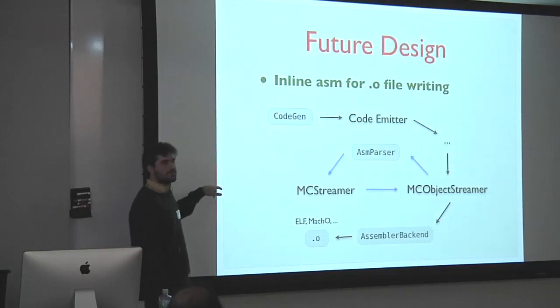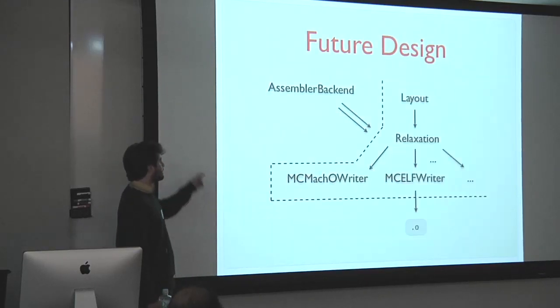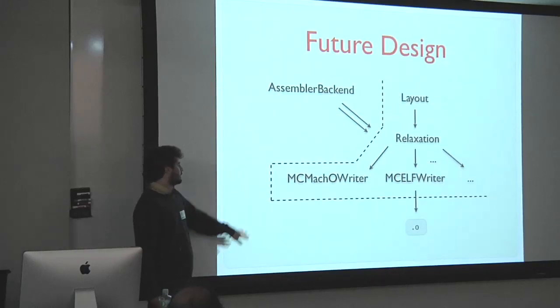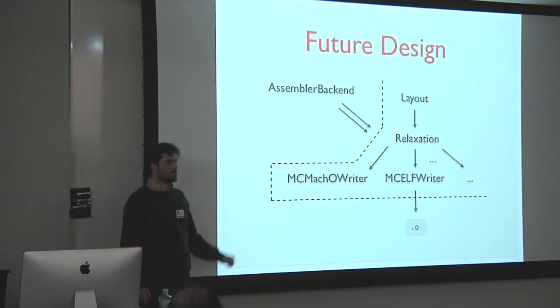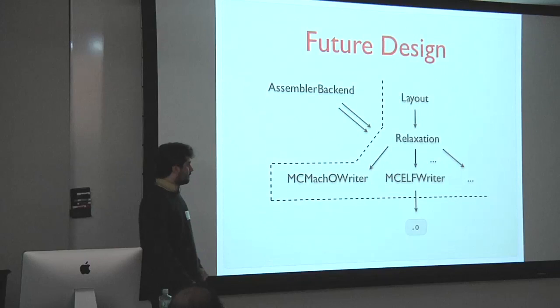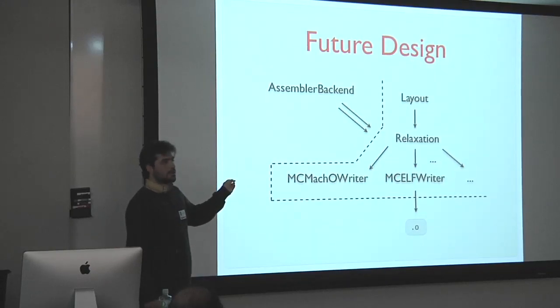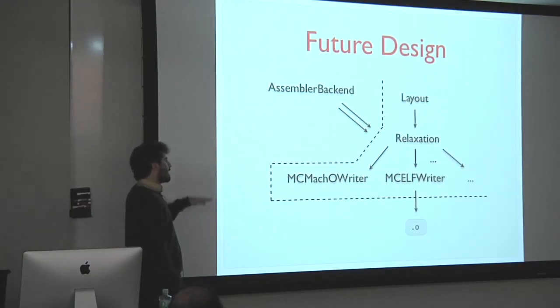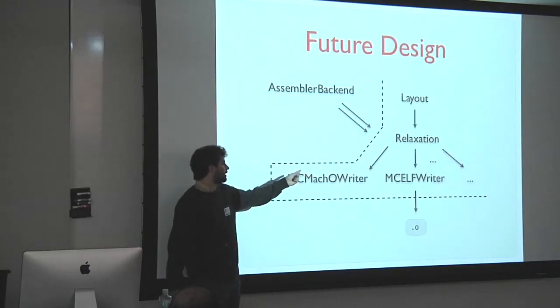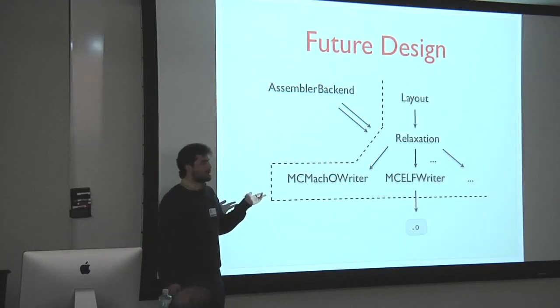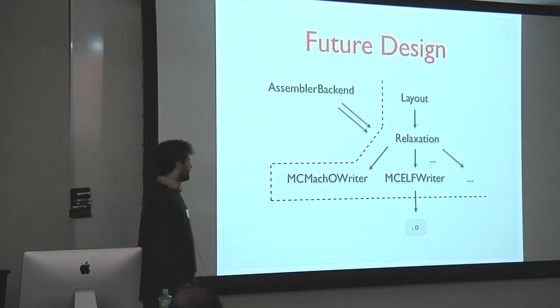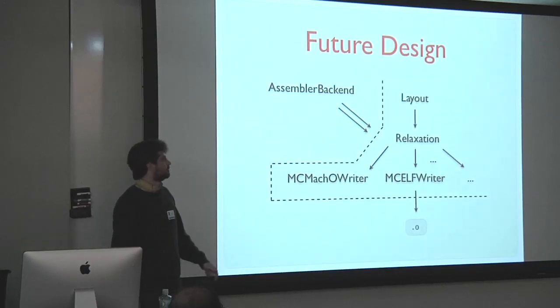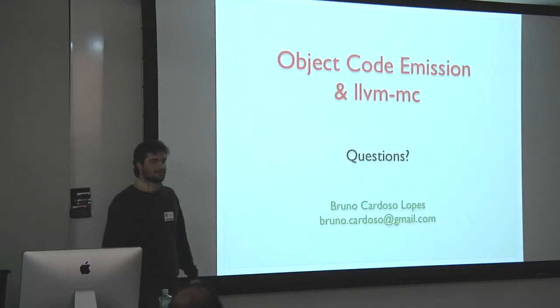And that will call the MCWriter again and use the same interface to call the assembler backend and finally emit the .o. This assembler backend will provide the relaxation, and then we just call a generic MCWriter. We'll dispatch things through the MCWriter to a final .o. And that is all.